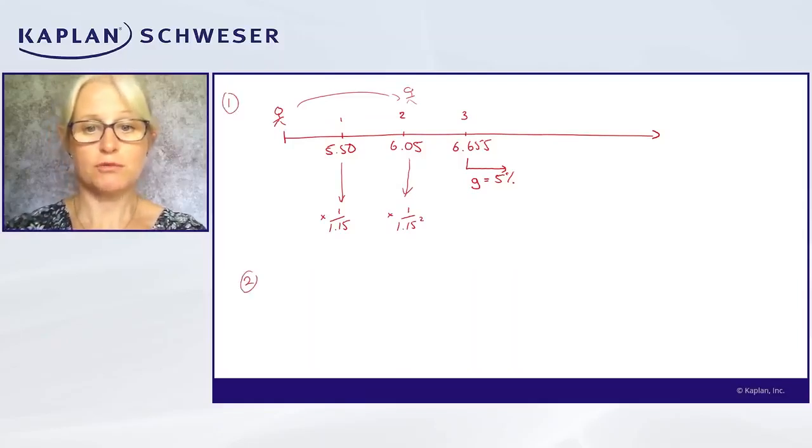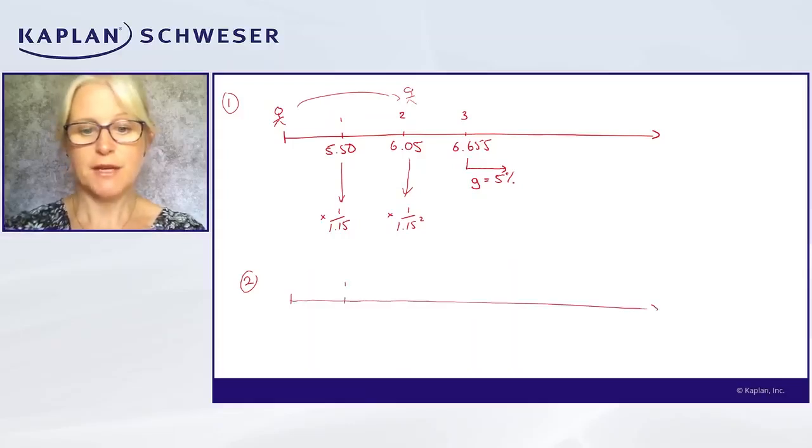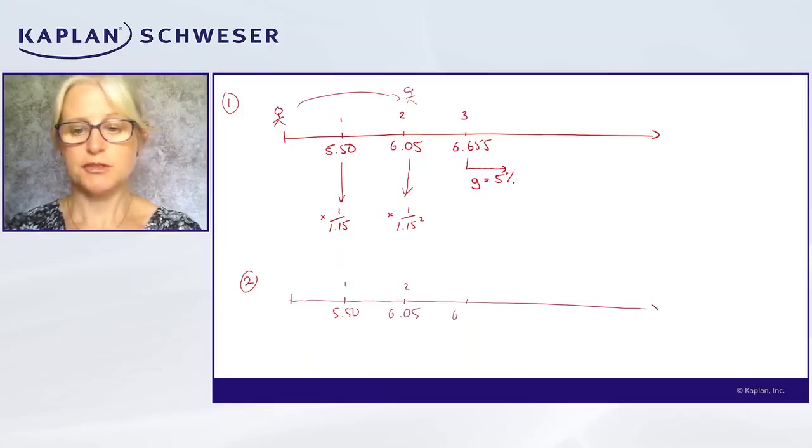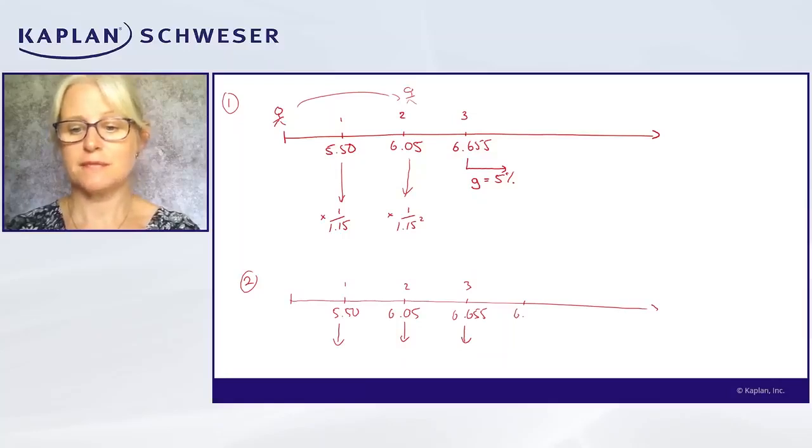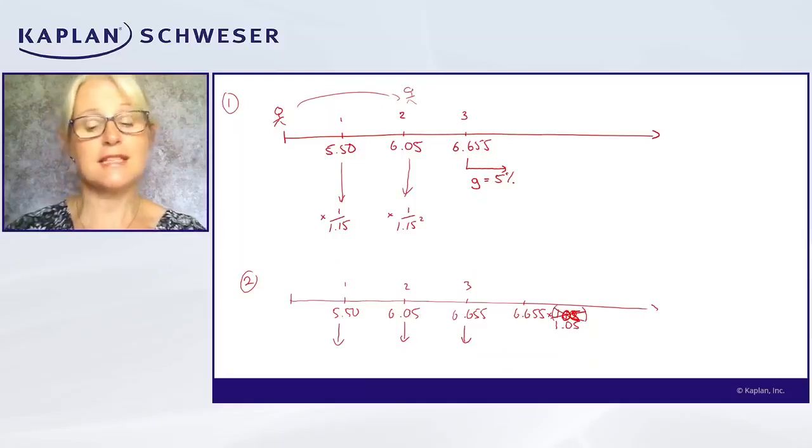I could, and it wouldn't be wrong, and some people just like doing it this way, treat all those dividends separately, discount them 1, 2 and 3 years, and then take the next one and deal with my perpetuity by putting in my 5% growth, my mistake, 5% growth, and thinking of that as a 3-year delayed start.